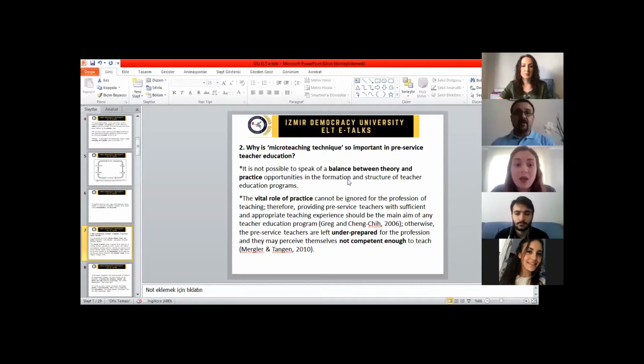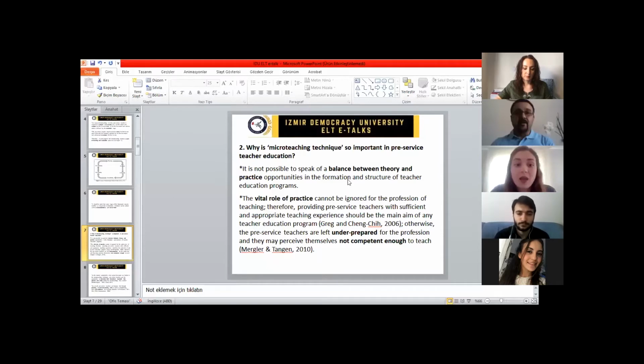And the micro-teaching technique encourages students to put their theoretical knowledge into action in a classroom atmosphere. It's so important. If we do not do it, they will be left underprepared for their future profession, and they may perceive themselves as not competent enough for their future professions.